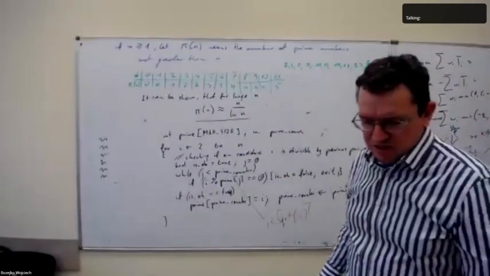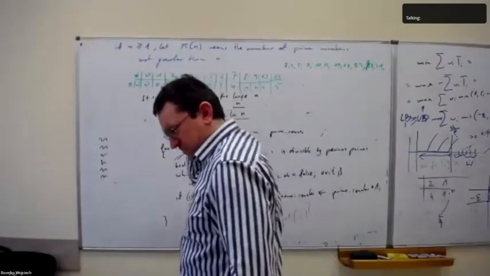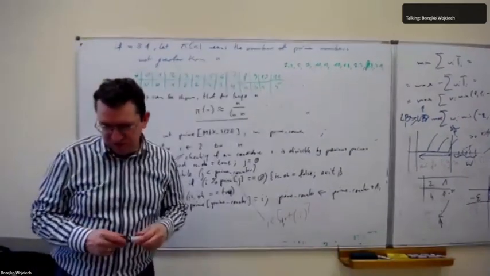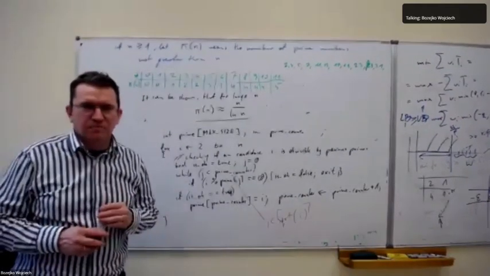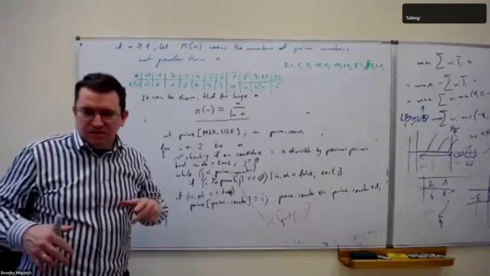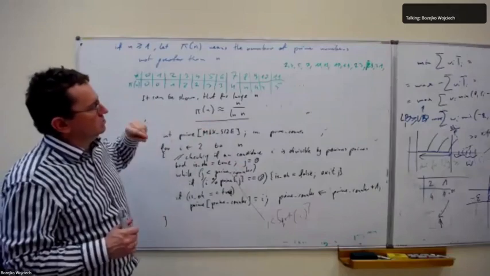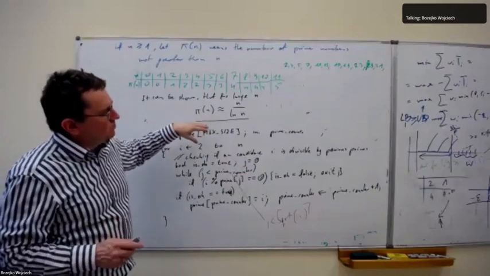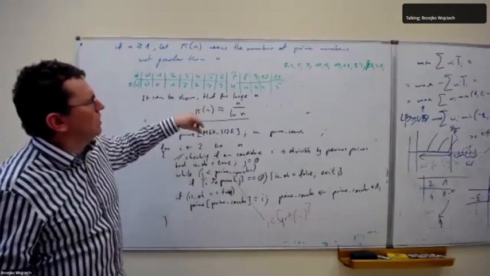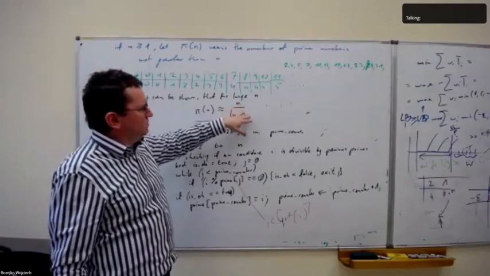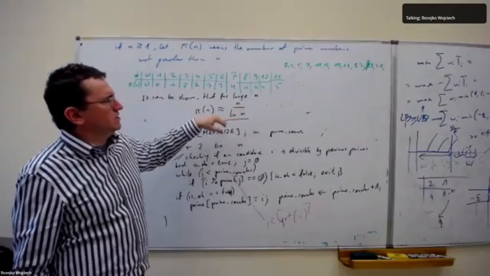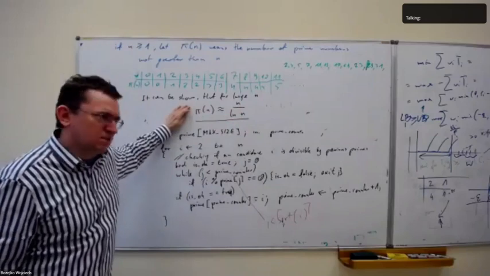So this is a kind of distribution of the prime numbers inside the natural number set. The number of primes does not grow linearly, but a little bit slower.